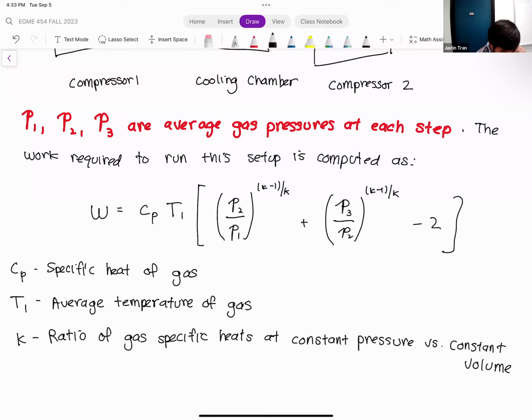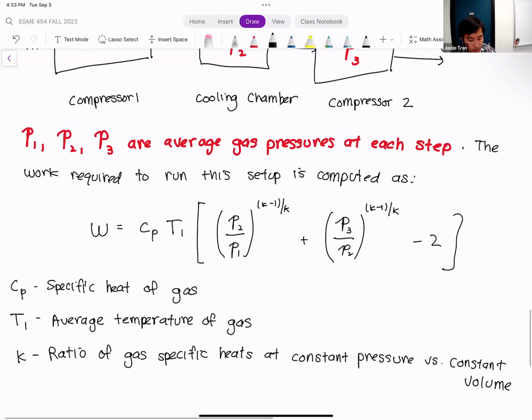Okay. So a little bit of a complicated setup, lots of variables. Hopefully variables you've seen before in either thermodynamics or heat transfer. Okay. So we want to optimize this process.